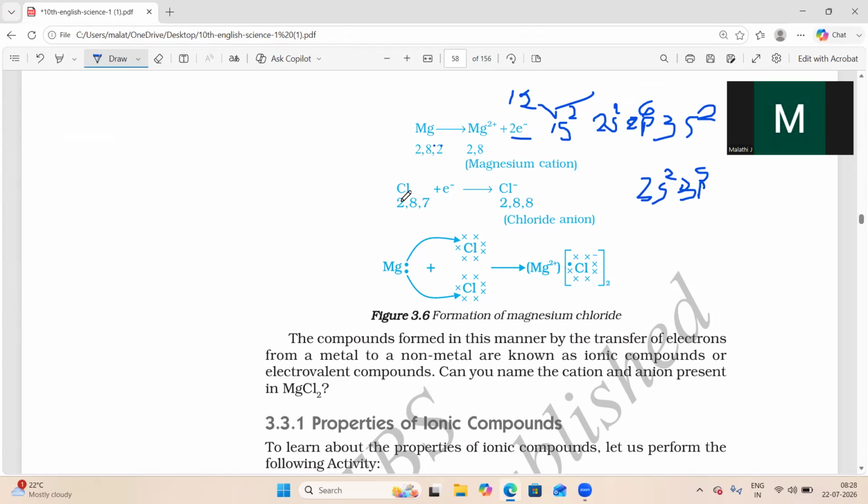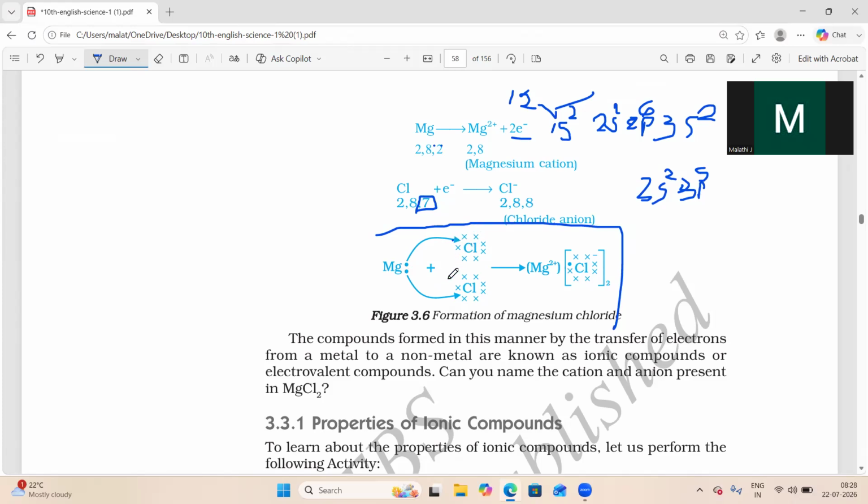If you write the chlorine atom as above, same thing, 1s2, 2s2, 2p6, 3s2, 3p5, the number of electrons in the outermost shell is 7. To become stable, it will gain an electron from magnesium. Write the electron dot structure for magnesium chloride. Magnesium has 2 valency electrons, and as a metal it is going to donate electrons. Chlorine is a non-metal, so it will gain an electron. But one chlorine needs only one electron to become stable.